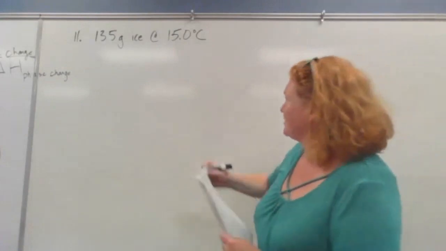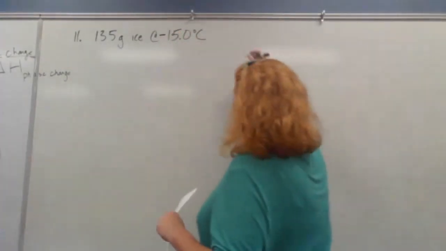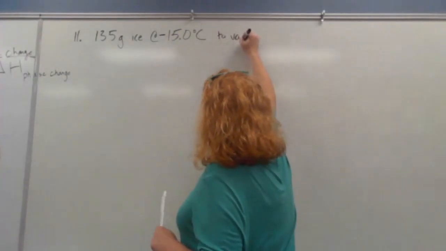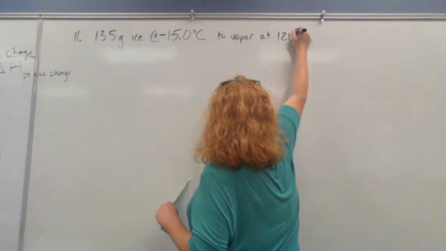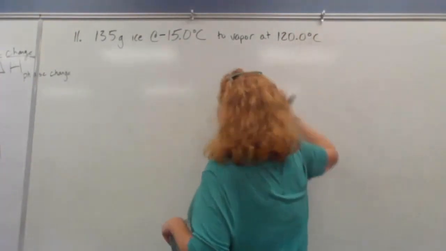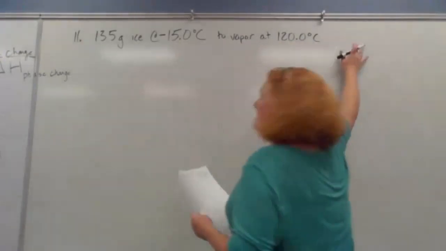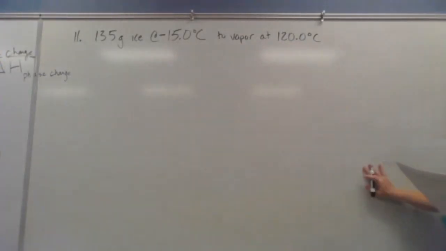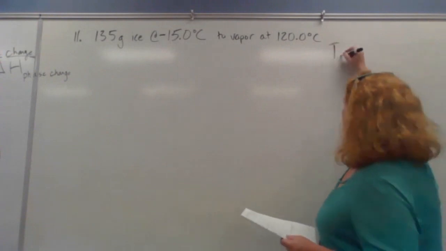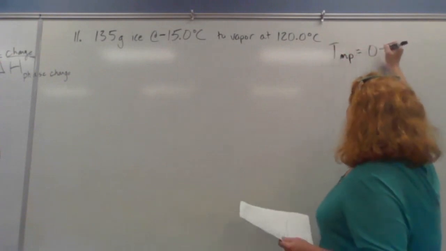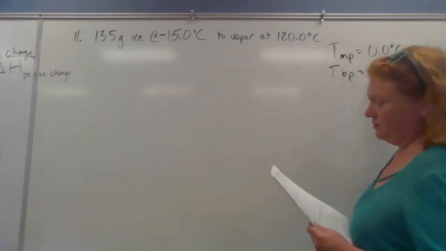Negative 15.0 to vapor at 120.0 degrees C. Okay, thank you. Then out to the side here, I give you some data. I give you the melting point. What's the melting point? We already knew this for water, but for any substance, I'm going to give you this information.